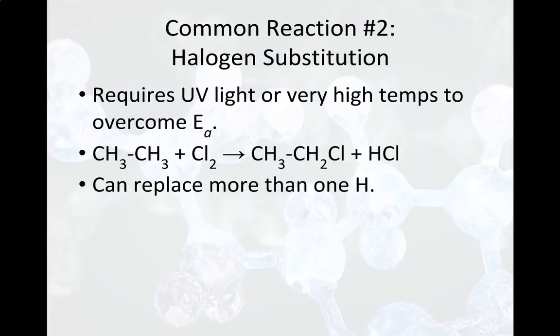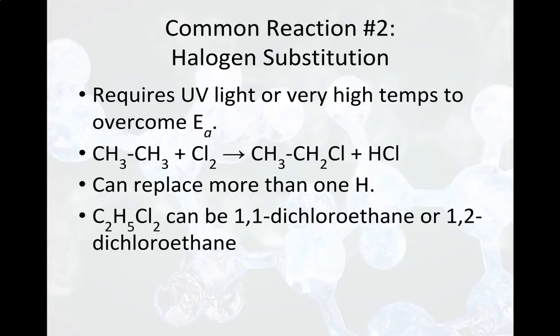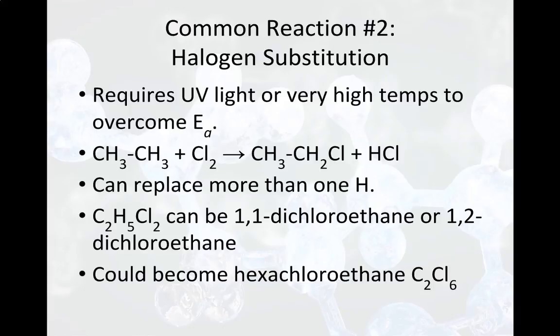And we could keep doing this, so we could keep getting UV light coming in and breaking up chlorine into radicals, and then they can keep cleaving off those hydrogens, and then we end up replacing more than one hydrogen. So for instance, I could get C2H4Cl2, it's taken off 2 hydrogens and replaced them with 2 chlorines, and we could call that 1,1-dichloroethane or 1,2-dichloroethane, depending on whether they are on the same carbon or one on each carbon.